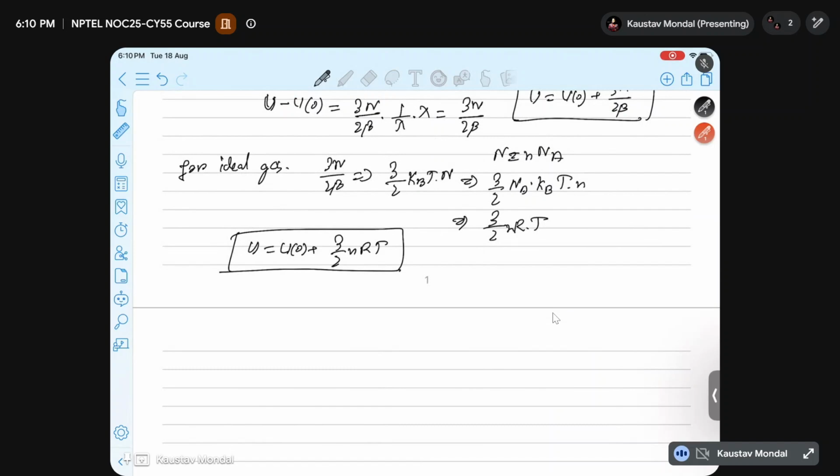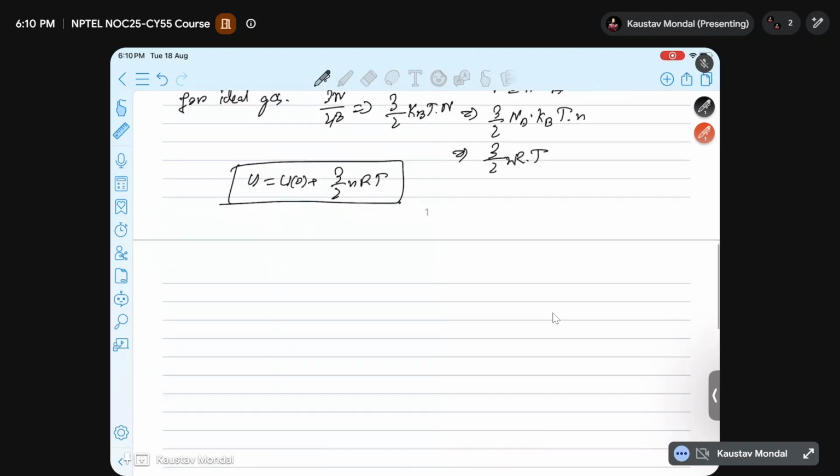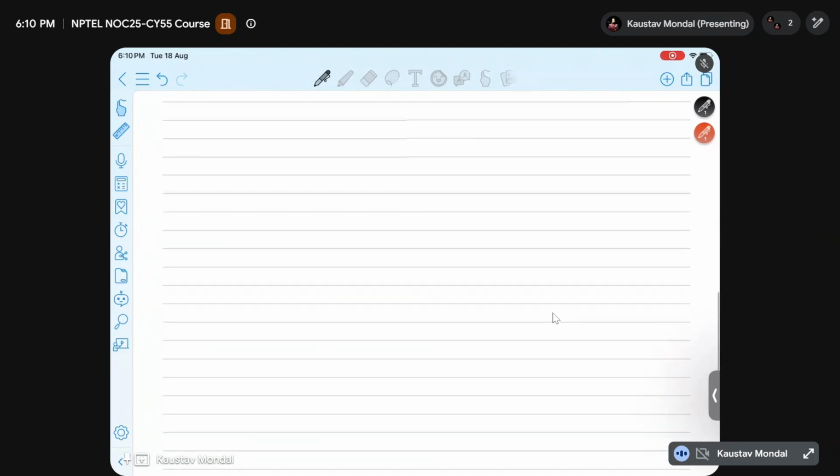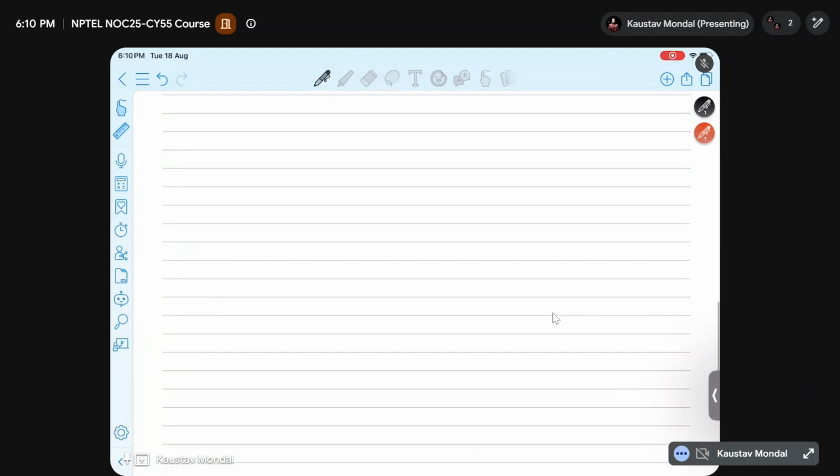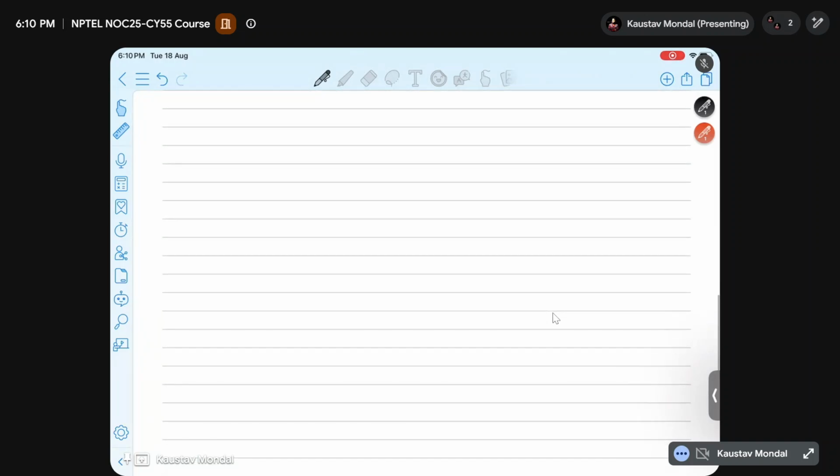And from here you can easily calculate several other things. So one of the most important things that you can calculate, if you get the expression of internal energy, is basically known as the heat capacity, specifically at constant volume.